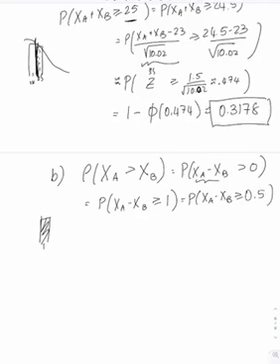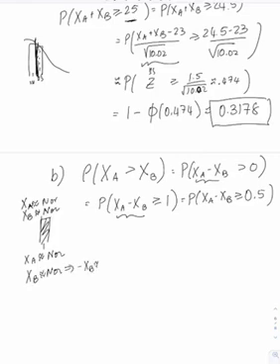Why did I do that? Once again, we're going to use that X_A is binomial and X_B is binomial, so X_A is approximately normal and X_B is approximately normal. Normal times any number is also normal, so we can say minus X_B is approximately normal. If you multiply by -1, you still have normal.